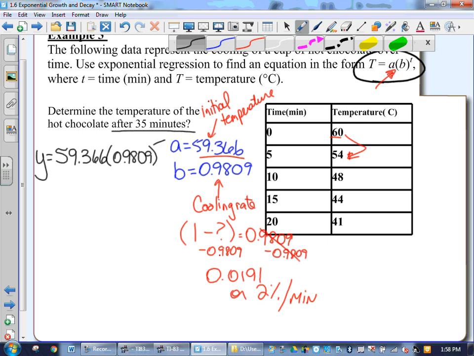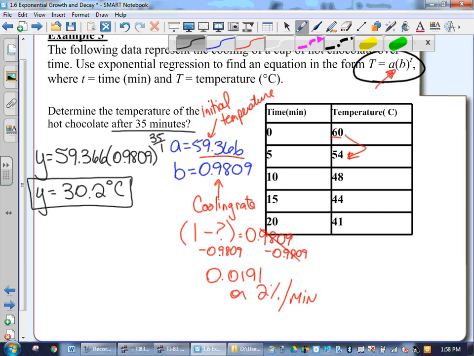So from here, I can literally just plug this into my calculator. And it's going to tell me that the temperature after 35 minutes is going to be about 30.2 degrees Celsius.